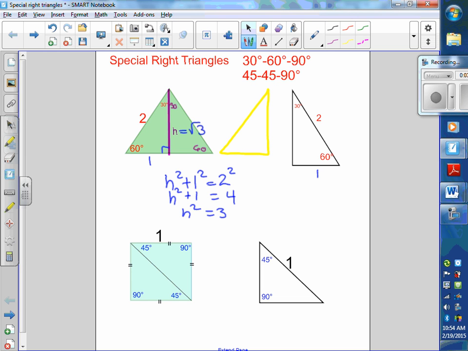We call it a 30, 60, 90 triangle, meaning that if I take half of an equilateral triangle, those are always going to be the angles. And if this is 2 and this is 1, this is always going to be the square root of 3. Always. Because the Pythagorean theorem is always going to give you the same answer when you have the same numbers. Okay?